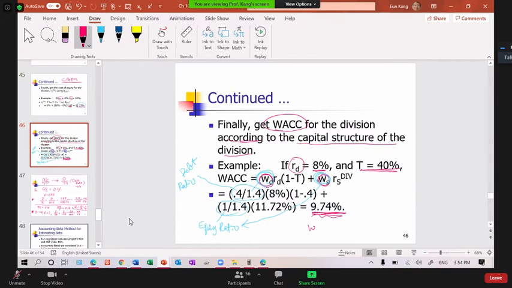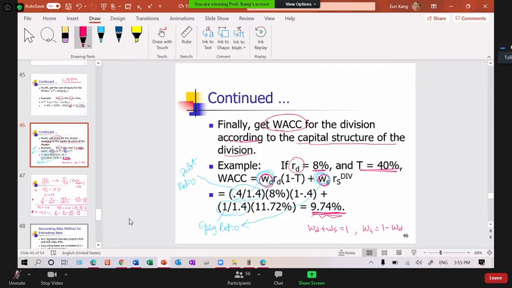So WD plus WS is 1, so WS is 1 minus WD, right? If you have only debt and equity. So they have some relationship, not totally separate, but in some sense related.